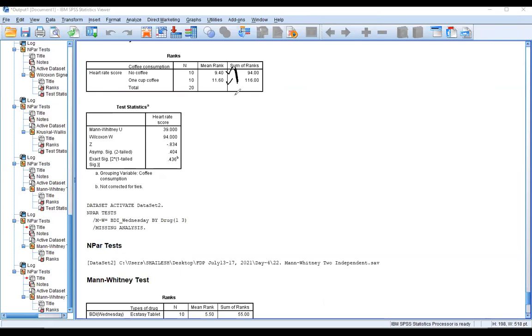So there is a difference. Whether this difference is significant or not: the asymptotic significance value 0.404 is greater than 0.05. So there is no significant difference. No significant difference.